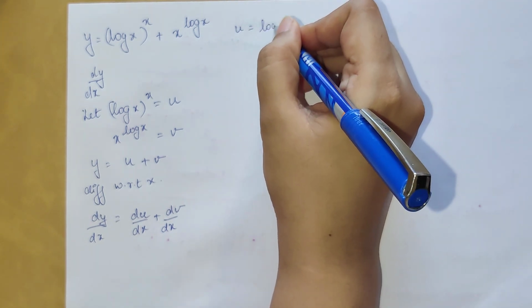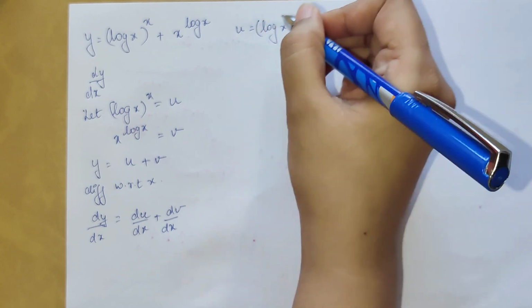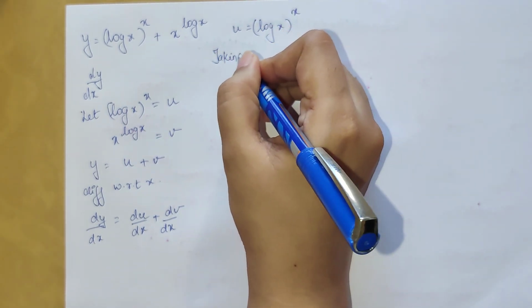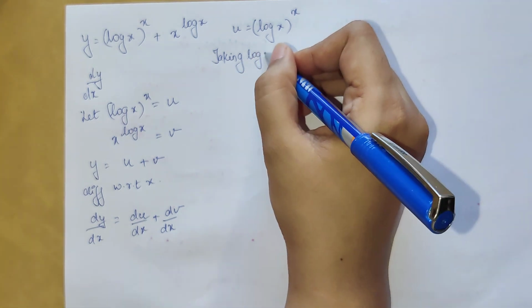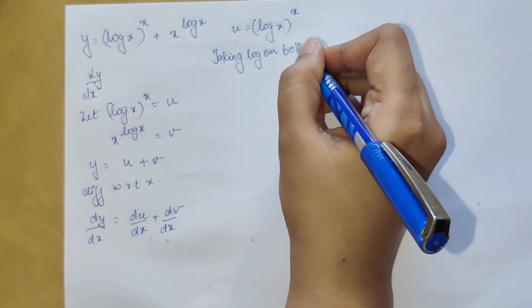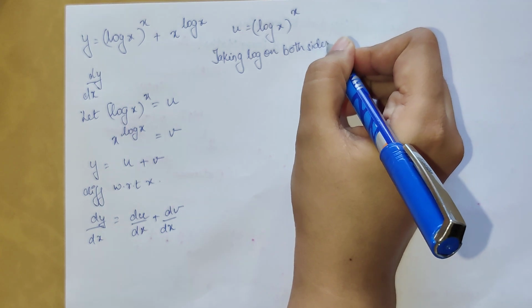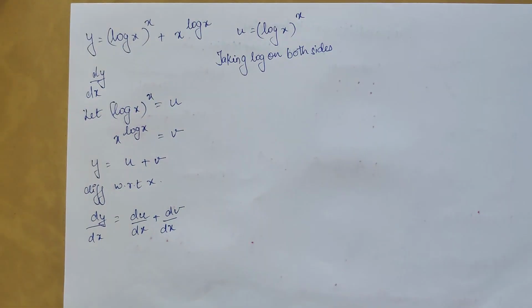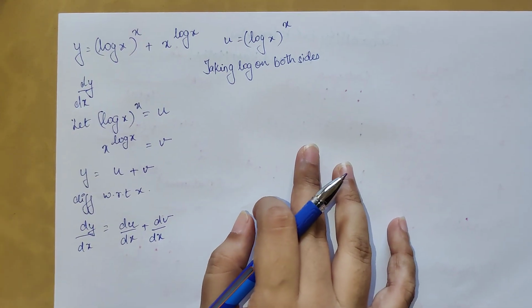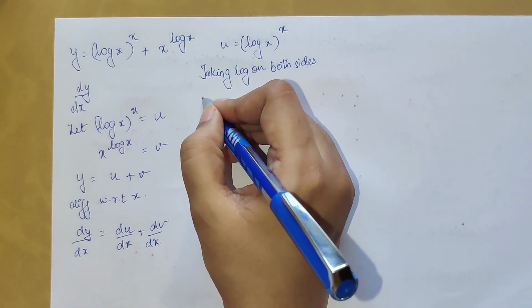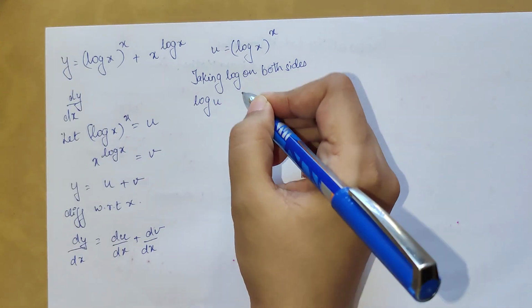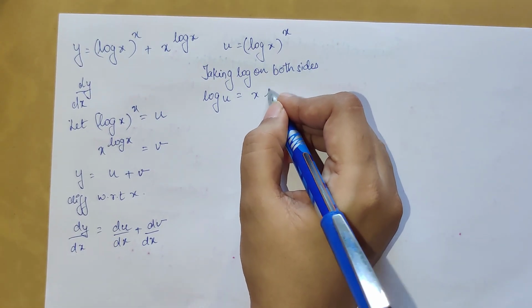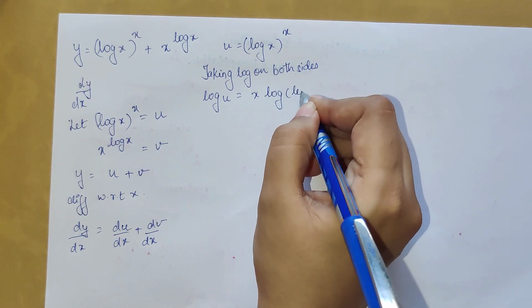So, u is equal to (log x) raised to x. So, taking log again on both sides. Now, why am I doing this? Please understand, whenever you have x raised to x, you have no choice but to use this particular method only. So, we get log u is equal to x into log of log x.